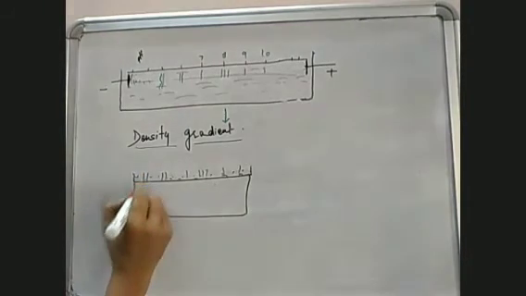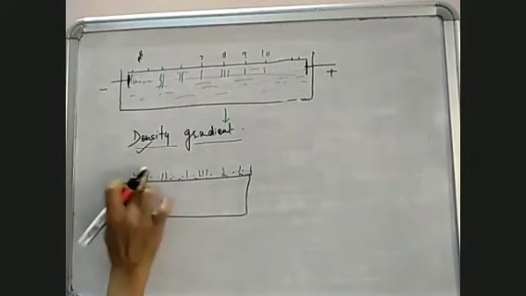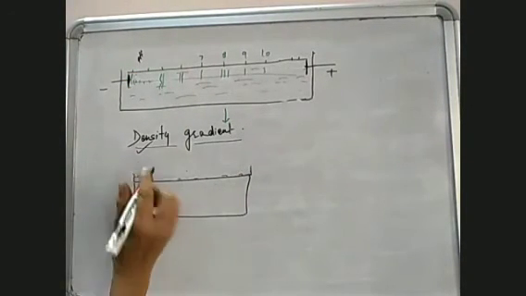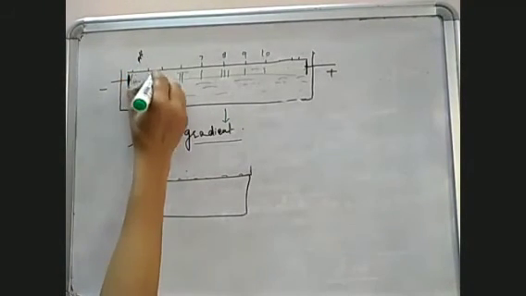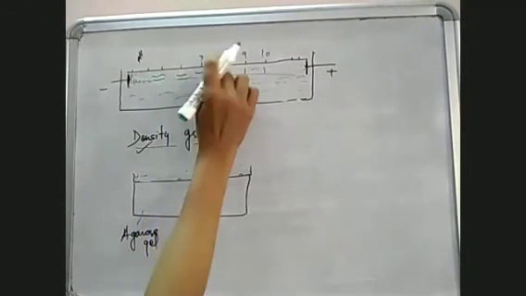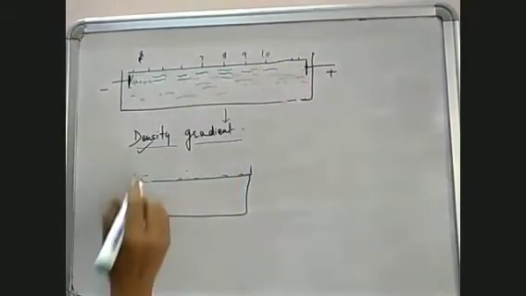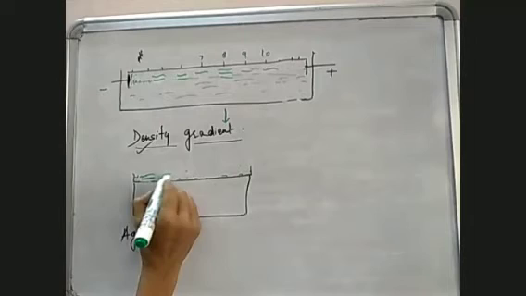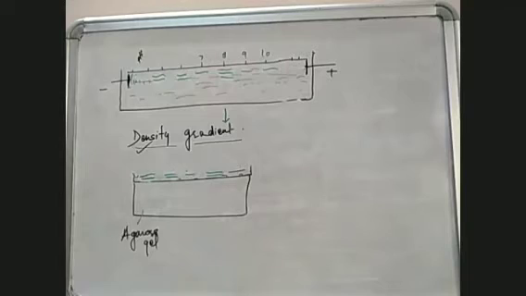They also start moving in this direction on the basis of their density. Now their arrangement is like this. They are arranged in this direction, horizontally. So here also we have taken the same slide, and all are arranged horizontally here.